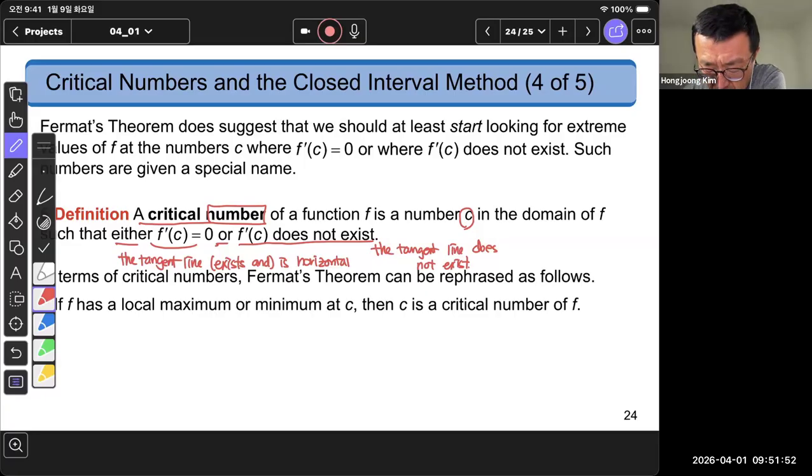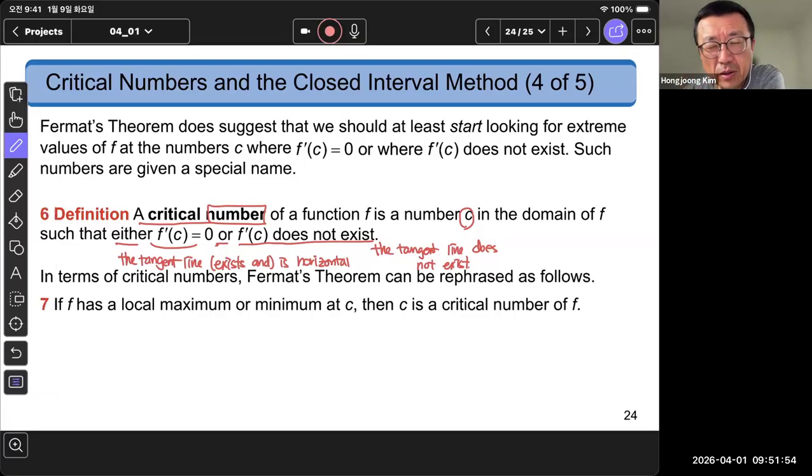Oh, one minor comment. When I say a critical number, that is a number in the domain such that the tangent line is horizontal or the tangent line does not exist.